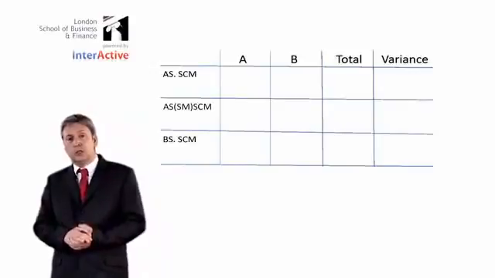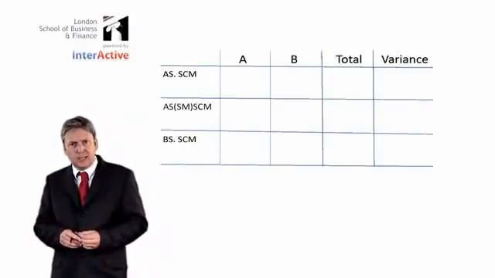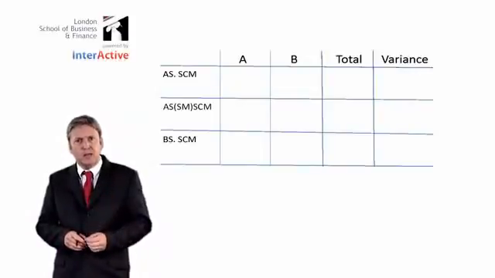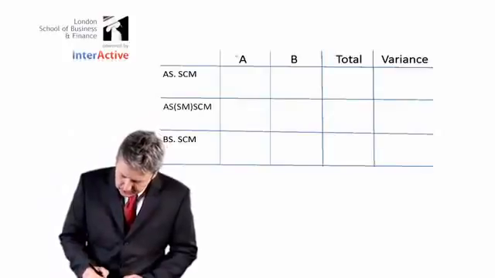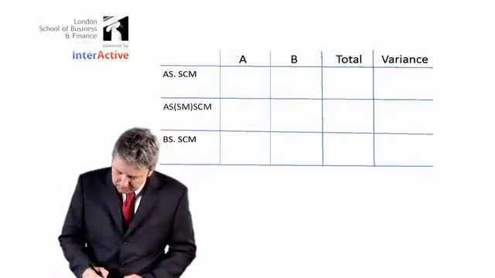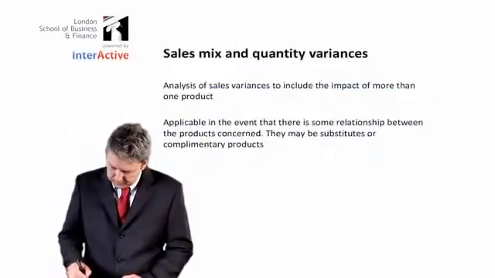Again, you may wish to use a little working like this. You don't have to draw the boxes up. I don't think it's that fantastic, but it maybe just helps a little bit. So if we were looking at actual sales at the standard contribution margin, let's pick up the numbers from what we've seen before.